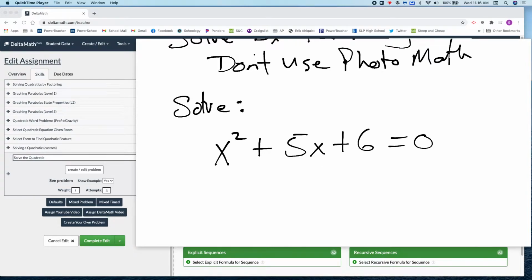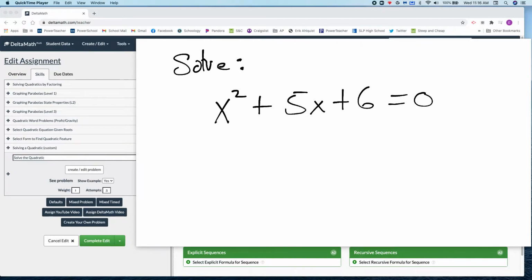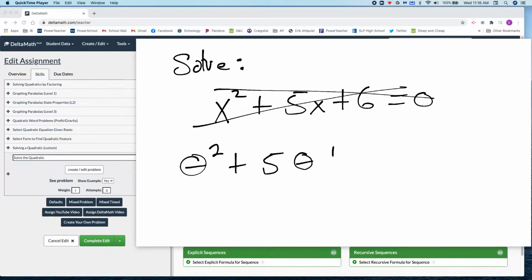I know PhotoMath will solve that, and I know you can do that, but it won't look like that on the quiz. It will look like this. It'll be something else in there. It'll be a Greek letter, maybe theta squared plus 5 theta plus 6 equals 0.